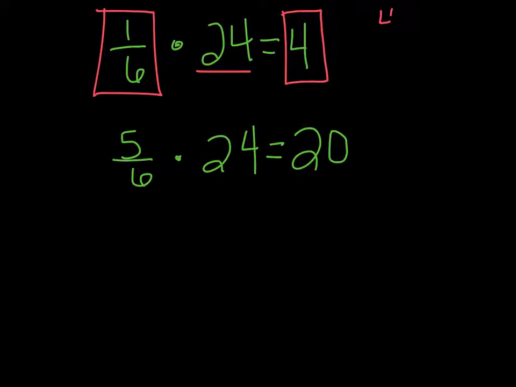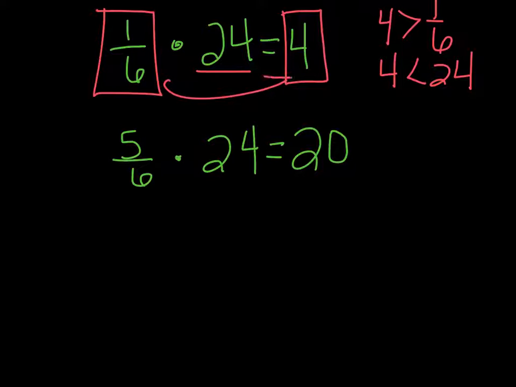So 4 was greater than 1/6, but 4 was less than 24. So the result of multiplying a whole number by a unit fraction is that the product will be greater than the fraction, but less than the whole number. But if you look down underneath that, when we take 5/6 of 24, we get 20. Notice anything similar?